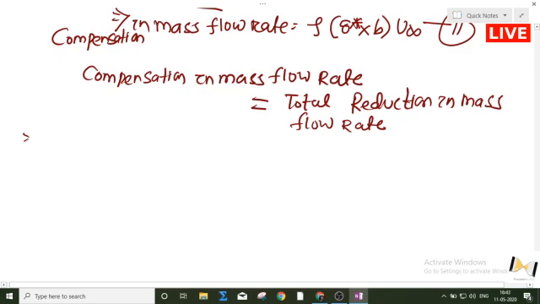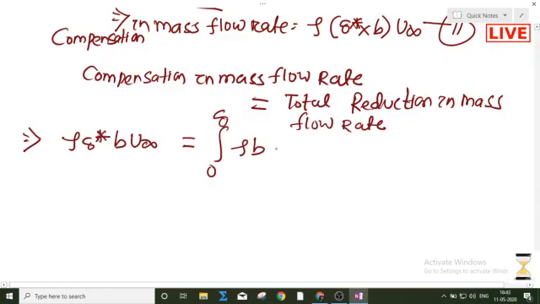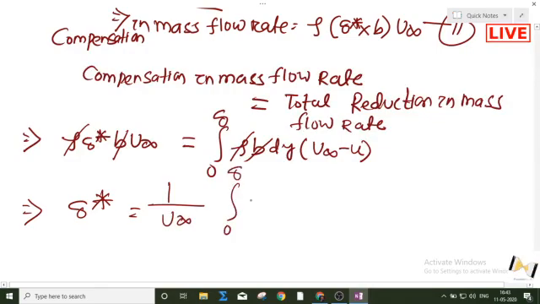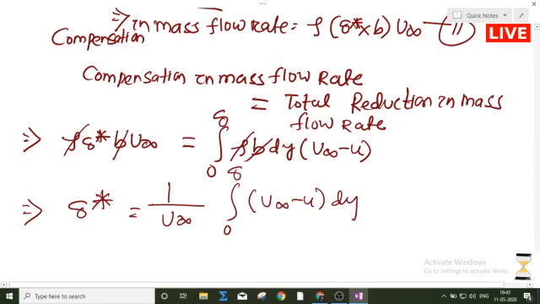The compensation is rho into delta star into b into u infinity, which must be equal to the integral from 0 to delta of rho into b into dy into (u infinity minus u). Now density and b will cancel. So the displacement thickness will be equal to 1 by u infinity into the integral from 0 to delta of (u infinity minus u) dy.